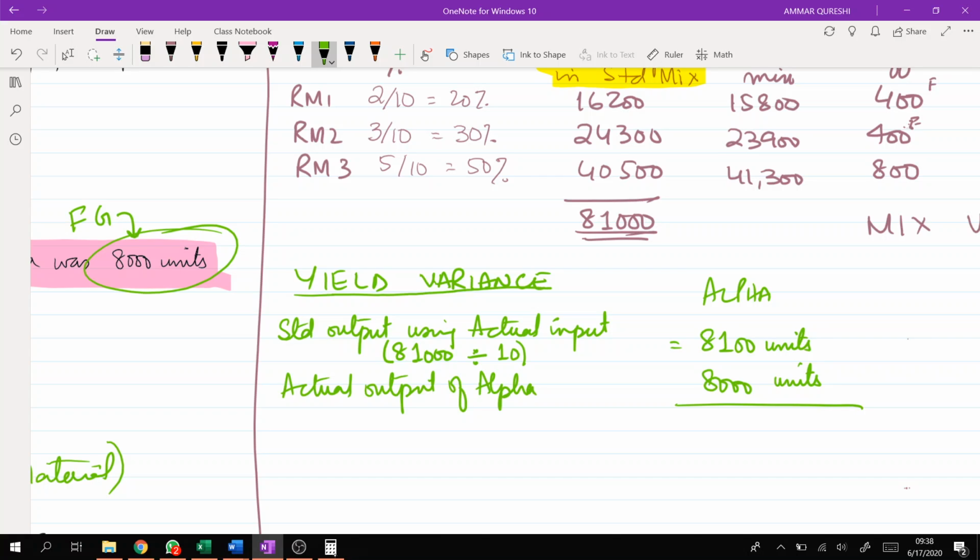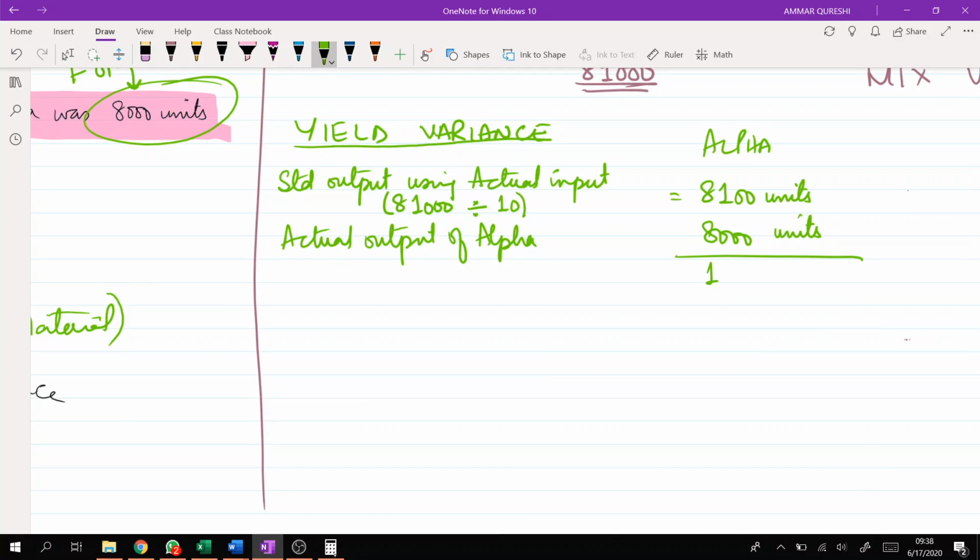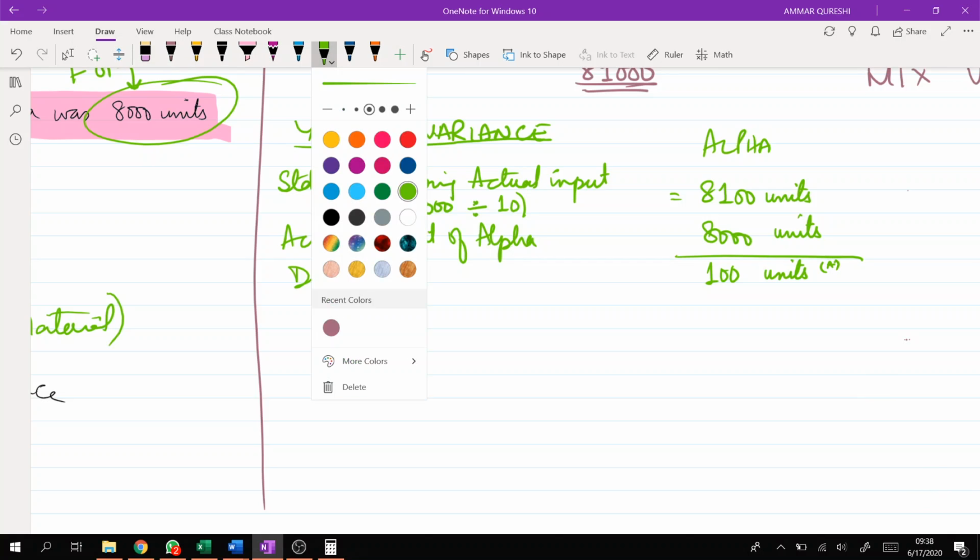So we actually got 100 units less than the expectation, and this is what? This is the difference, right? This is not the variance, this is difference. And since we got less quantity, that means this is towards adverse variance. This is a kind of adverse variance.